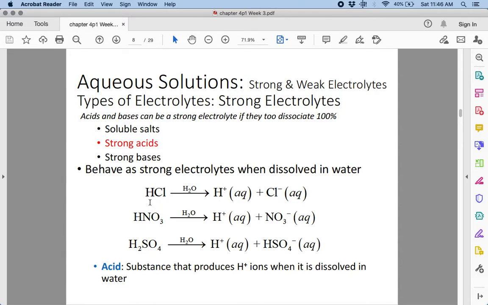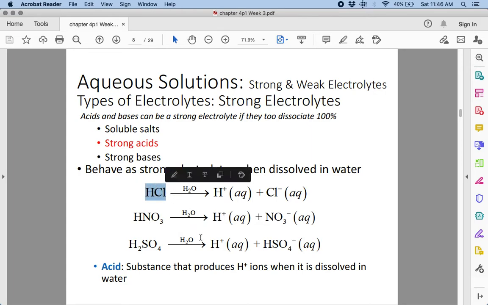When you go to lab face to face and there's a beaker of HCl aqueous on the bench or in the hood, what's actually in there, if we could have some sort of microscope that could look at it on the molecular atomic level, we would see a whole bunch of H's surrounded by water and a whole bunch of Cl's surrounded by water.